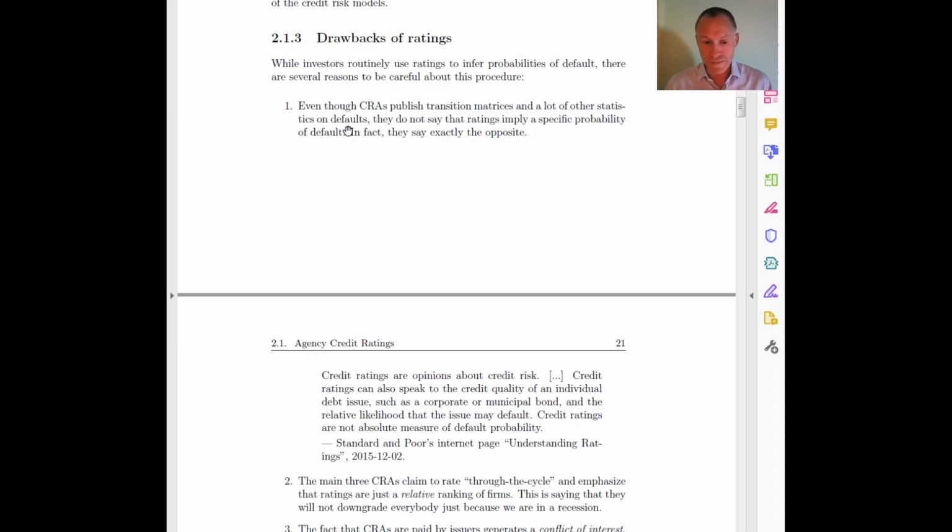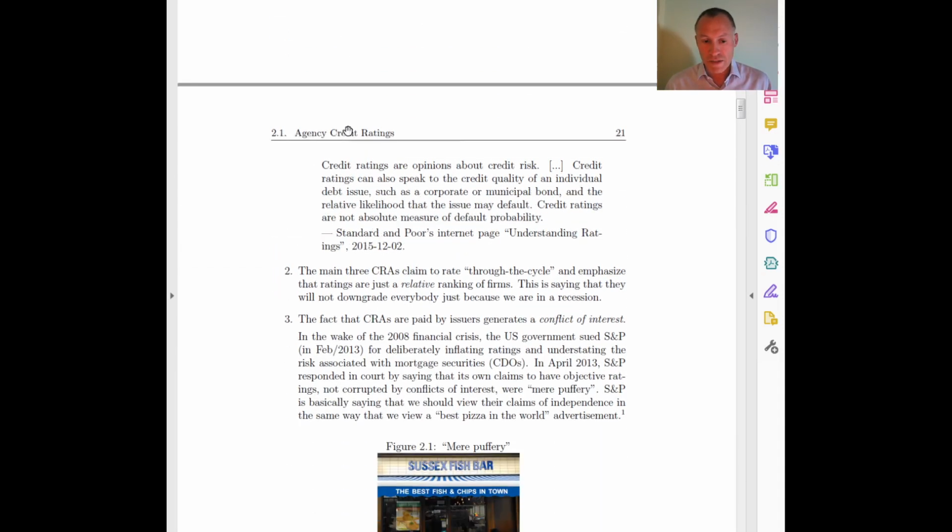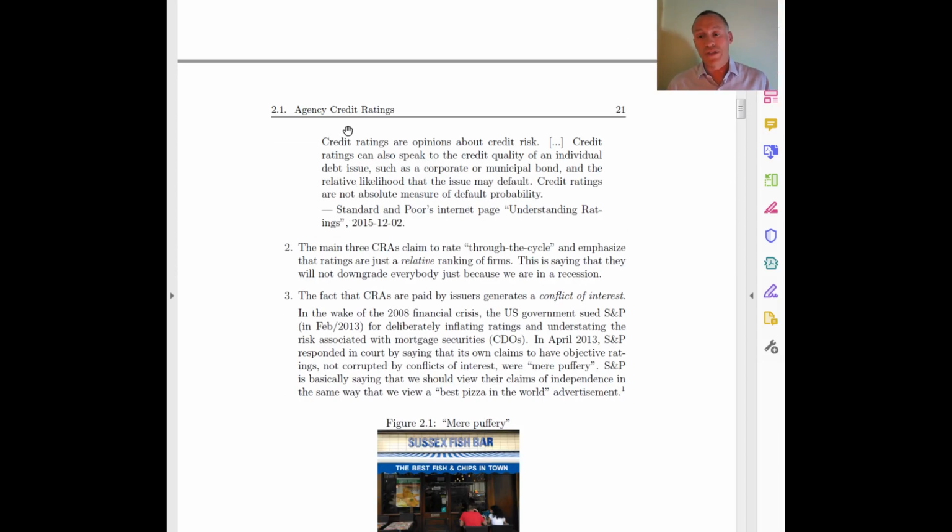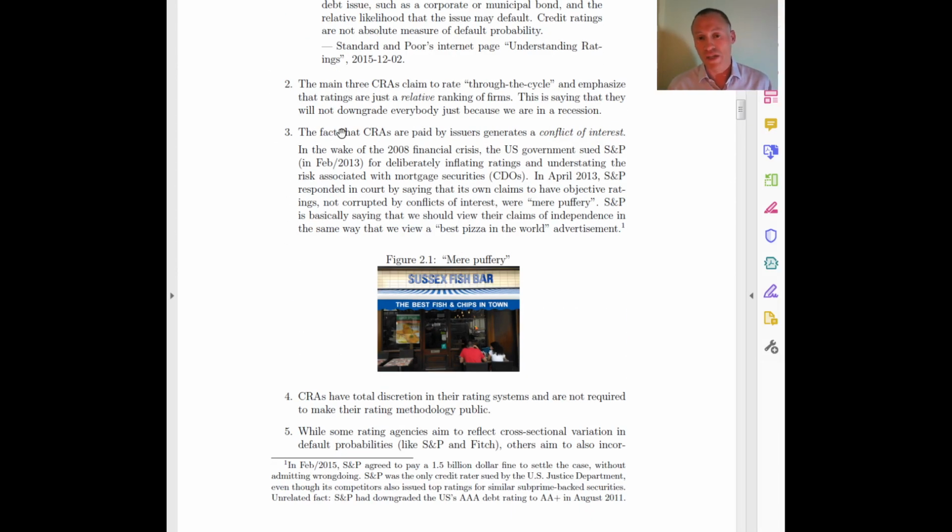There is obviously a big conflict of interest, like I discussed here, which comes from the fact that the firm that wants to be rated is the firm that pays the service, that pays the credit rating agency to issue the rating.